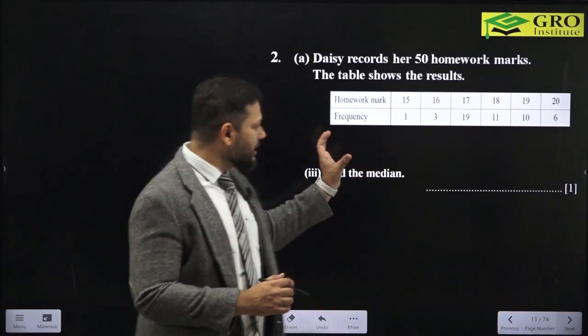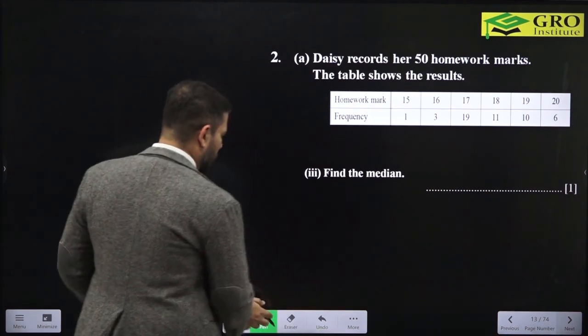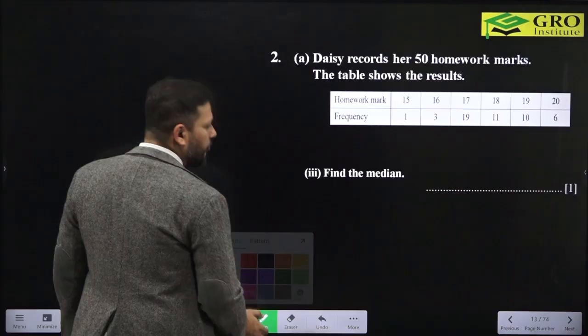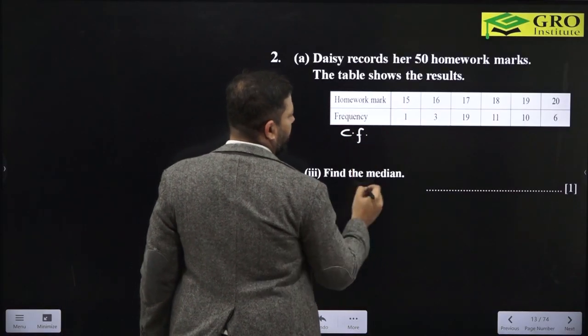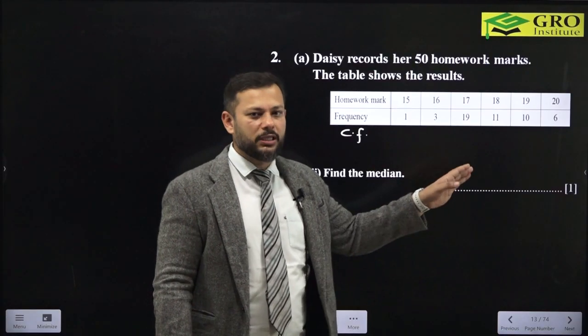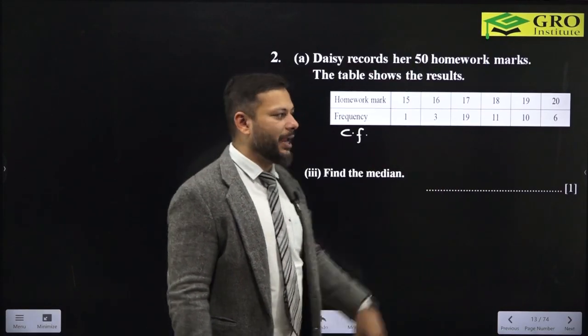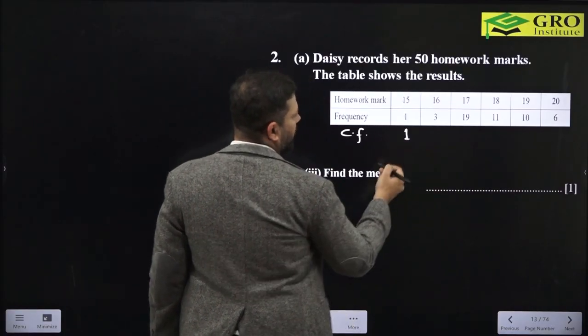But here, since it's a grouped frequency, we will write down the cumulative frequency, CF. Cumulative frequency is simply adding the previous frequency to the current frequency and writing it. So this is going to be 1. The first CF is the same as the frequency.